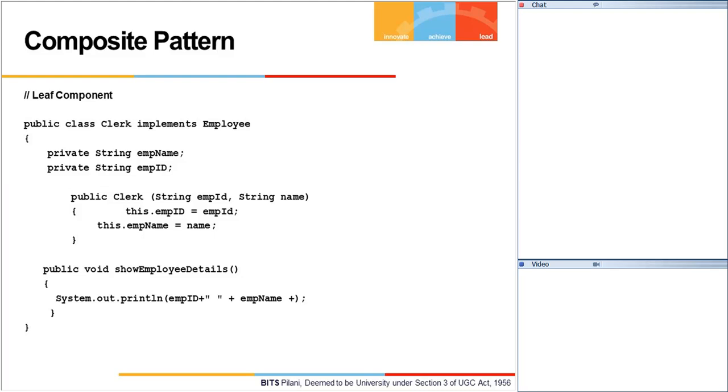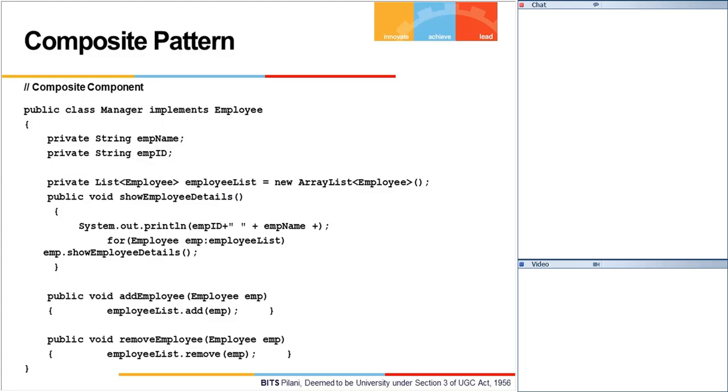Apart from that, it also provides implementation for the constructor of the class, which takes in two strings, employee ID and employee name, and assigns the value of the incoming parameters to the attributes of the class, right? So this is my leaf component, which implements the base component interface. Let's move ahead.